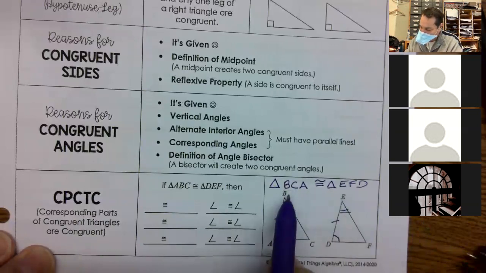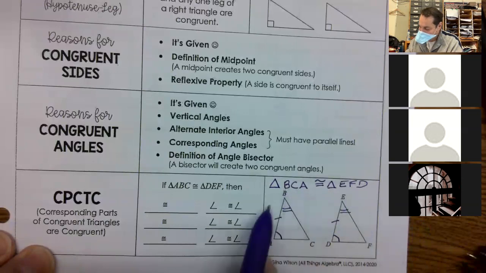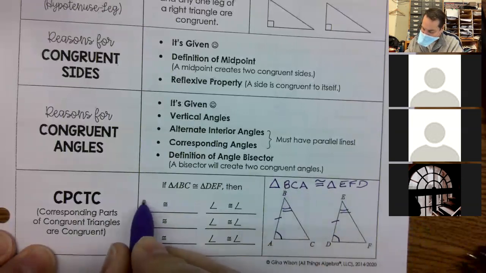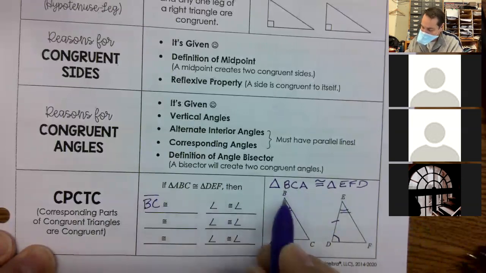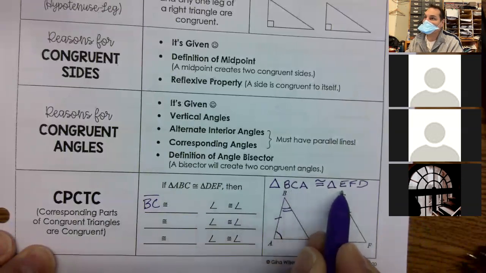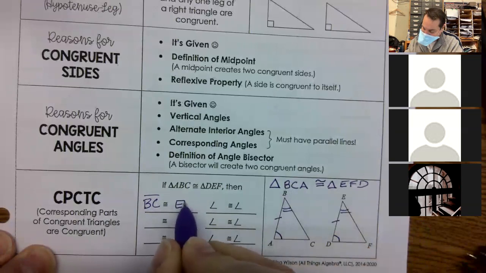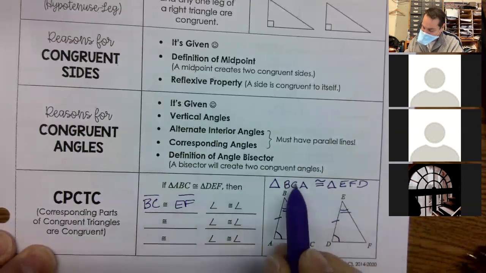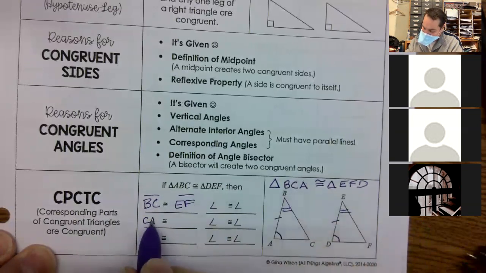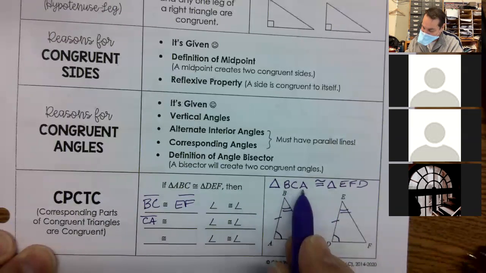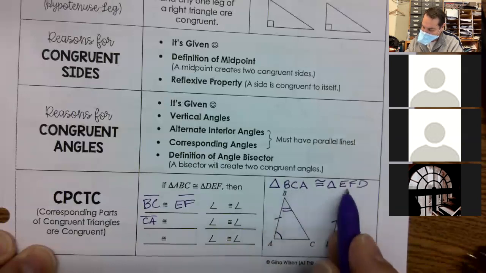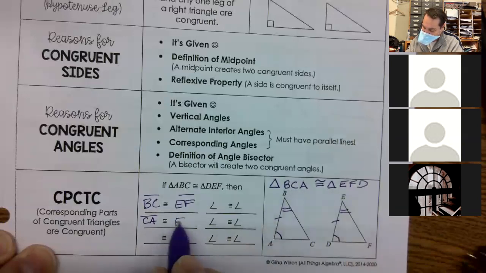If I want to find out, for instance, side BC, I could say that side BC is congruent to what side? EF. And I could say side CA is congruent to what side? FD, right? CA are the last two letters here, so I'd use the last two letters here, FD.